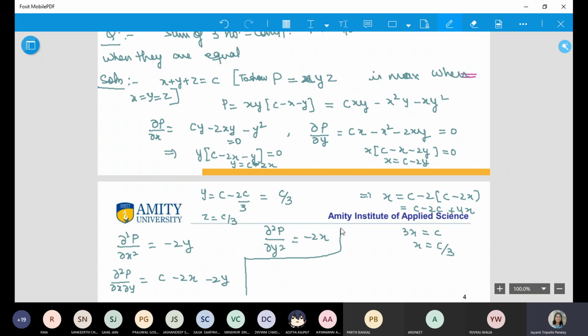So let me put the values. So r is equal to minus 2c by 3, s is equal to c minus 4c by 3, so s is minus c by 3. Just check.